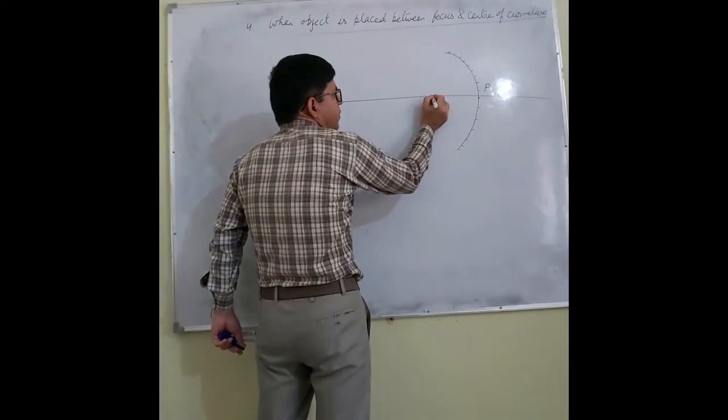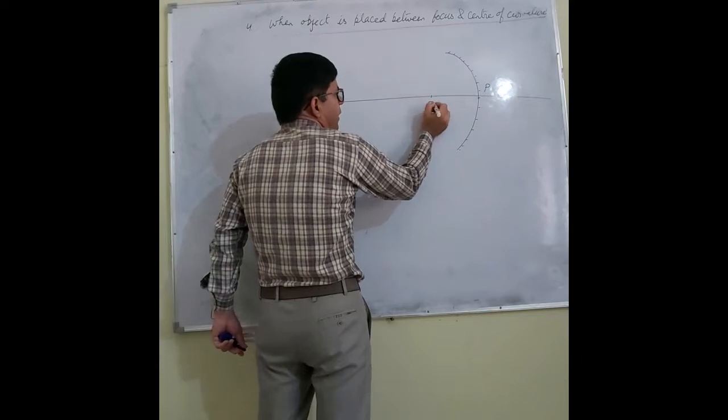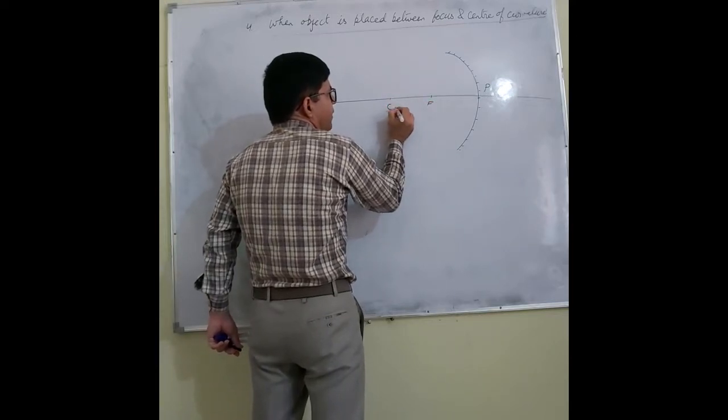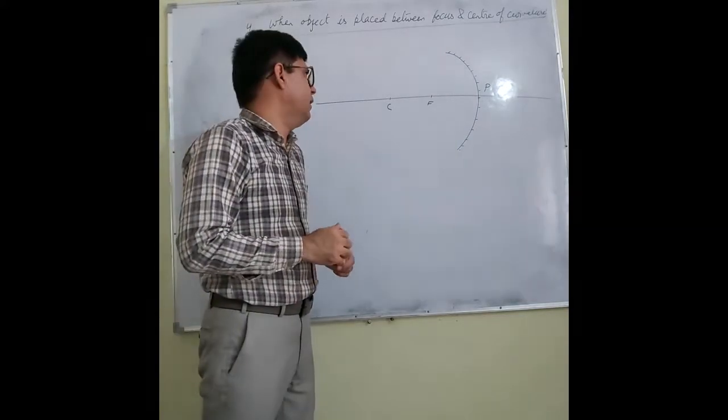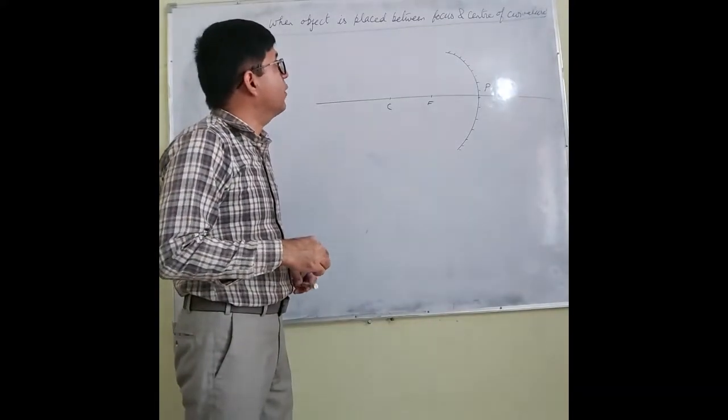Now at a distance of 3 centimeters mark F, and further at a distance of 3 centimeters mark C, where F represents the focus and C represents the center of curvature.